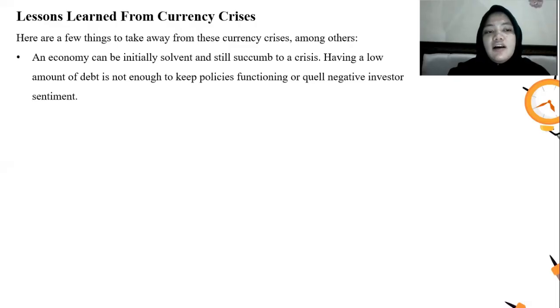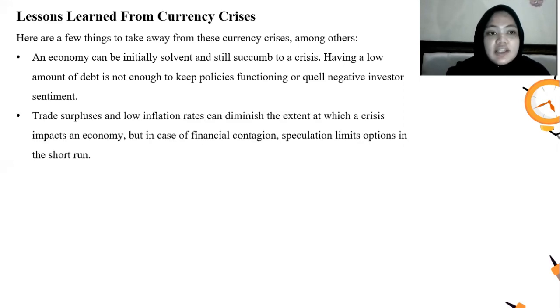Okay. Lessons learned from currency crisis. First is an economy can be initially sound and still succumb to a crisis. Having a low amount of debt is not enough to keep policy functioning or quell negative investor sentiment. The second one is trade surplus and low inflation rate can diminish the extent to which a crisis impacts an economy.